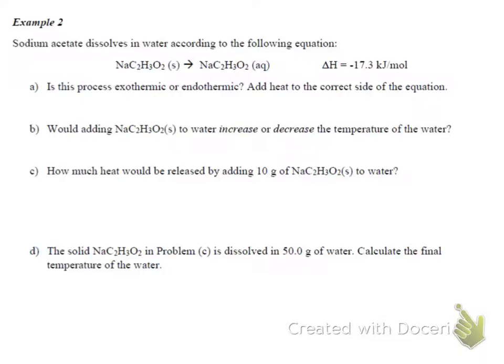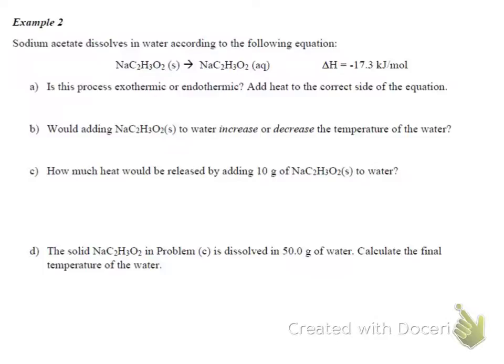So the next example, it's a solution. In this case, we're adding sodium acetate, solid, to water, and it is dissolving and making an aqueous solution. And the delta H for this process is negative 17.3 kilojoules, and that is per mole, per 1 mole, because this is an equation that is exactly 1 mole of sodium acetate.